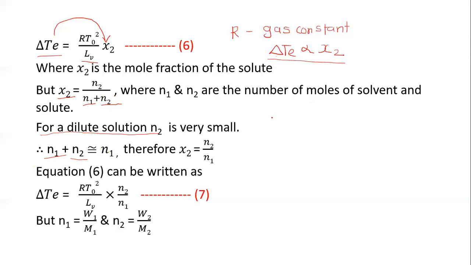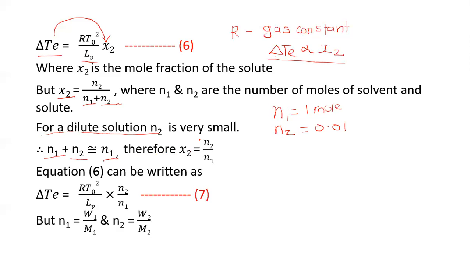Imagine the number of moles of the solvent is equal to 1 mole. Since the solution is dilute, the number of moles of the solute is very, very small. Suppose it is equal to 0.01. Then 1 plus 0.01 does not differ much from the number of moles of the solvent, N1.